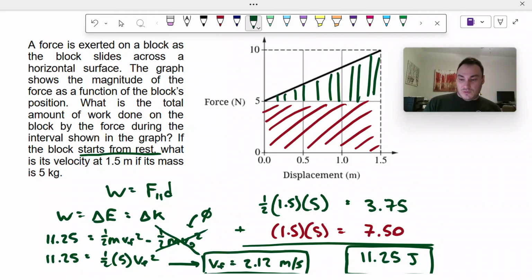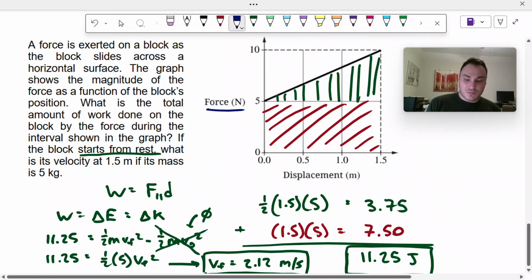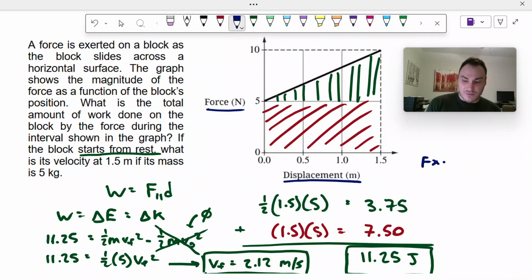All right, to finish this off, so analyzing this graph, we can get force, we can get displacement. We talked about that we can multiply force times displacement for the area under the curve to get work. Is there anything we do with the slope? Just for fun, let's see.